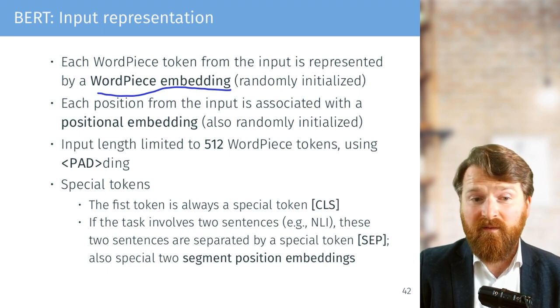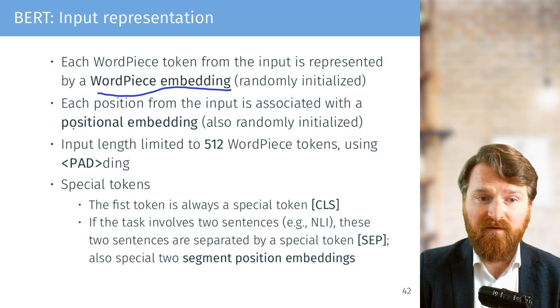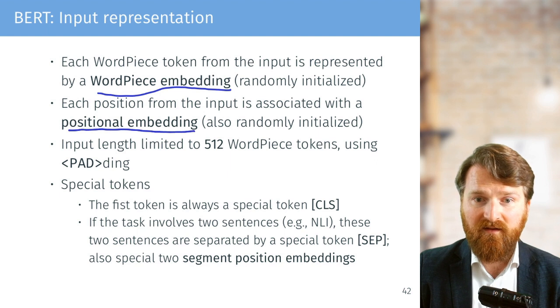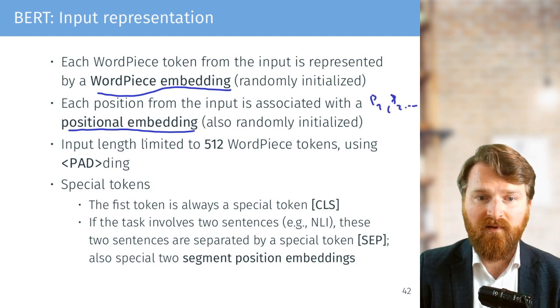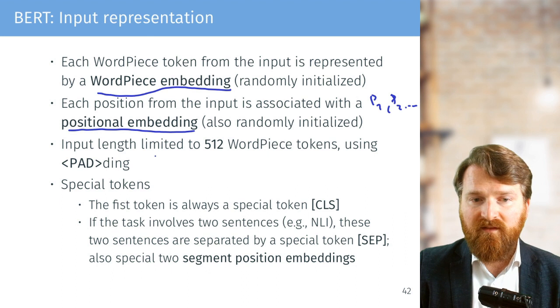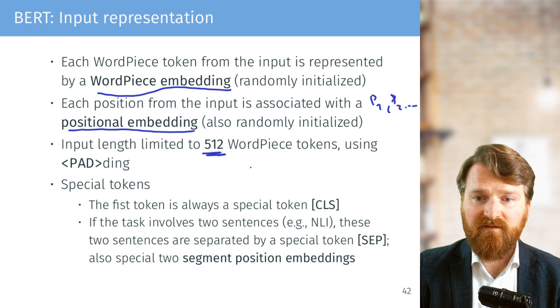Then what we also remember from the convolutional neural networks for machine translation, we have each input position associated with the positional embedding. So again, we have word embeddings and positional embeddings. So this could be position 1 embedding, position 2, and so on. We have to limit the length. So we limit the length of the input to 512 word piece tokens.